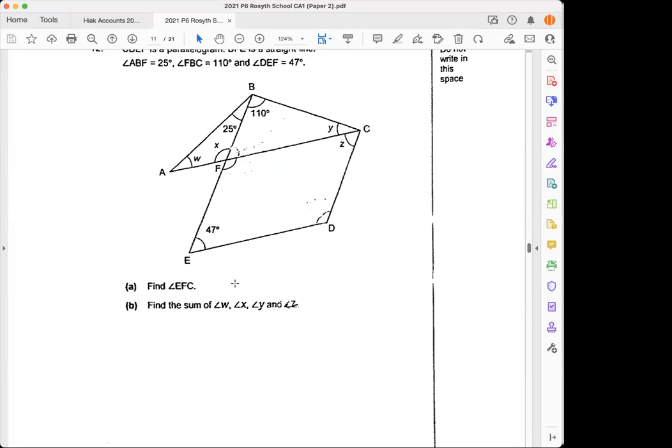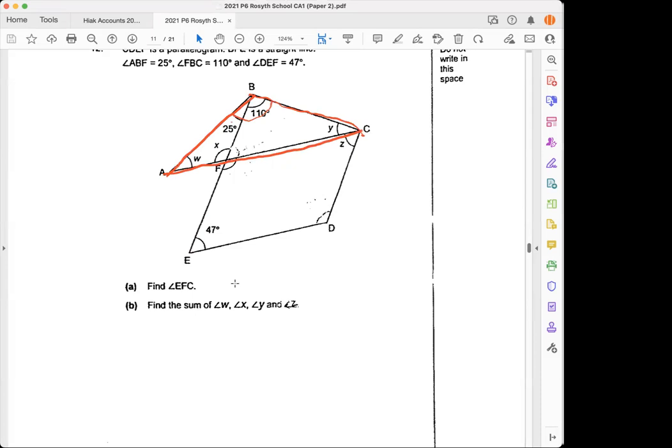And then W and Y, and this angle is also 25, 110 is also within the same triangle, right? Angles inside a triangle add up to 180.